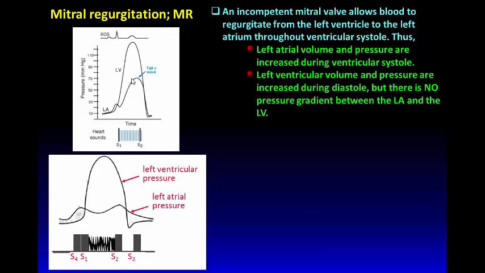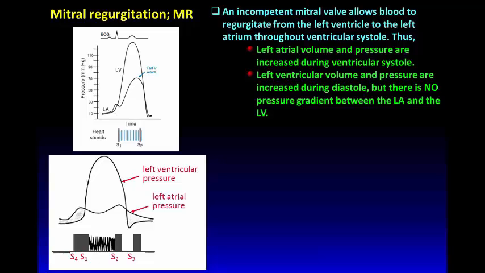We will describe the murmur and the hemodynamics of mitral regurgitation in more detail. An insufficient mitral valve is when the valve doesn't close properly when it is supposed to close. The mitral valve is supposed to be closed at the beginning of systole in order to prevent backflow of the blood from the left ventricle into the left atrium.